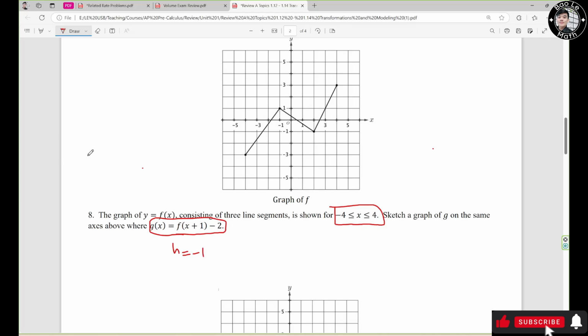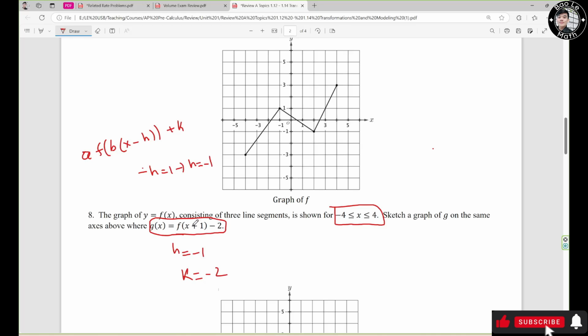Because we have the formula a times f of b times (x minus h) plus k, right? So you just match them up. Negative h equals 1. So then h equals negative 1, right? k equals negative 2, right?